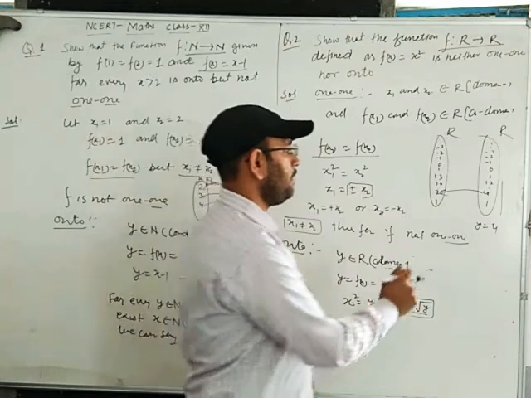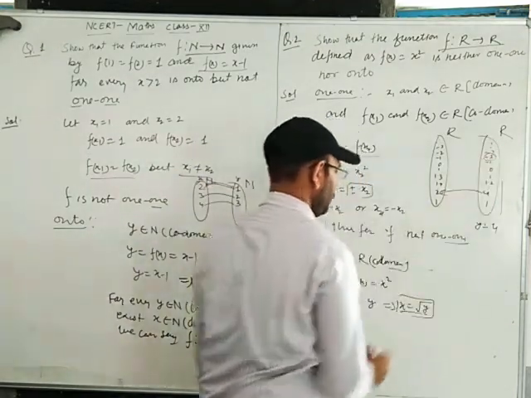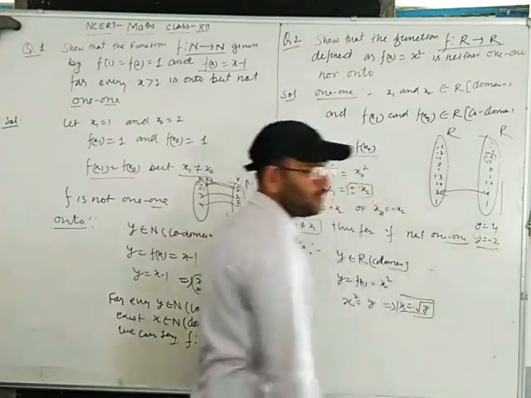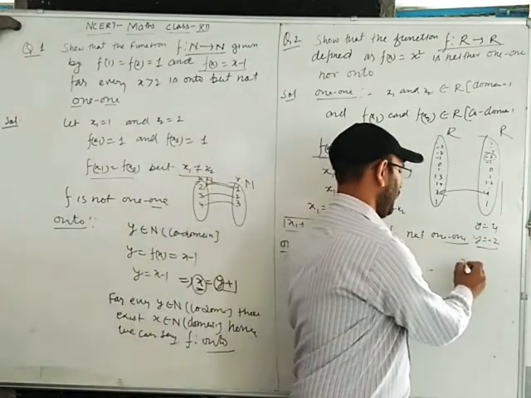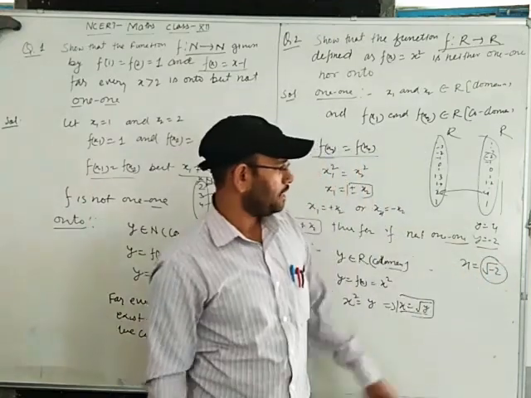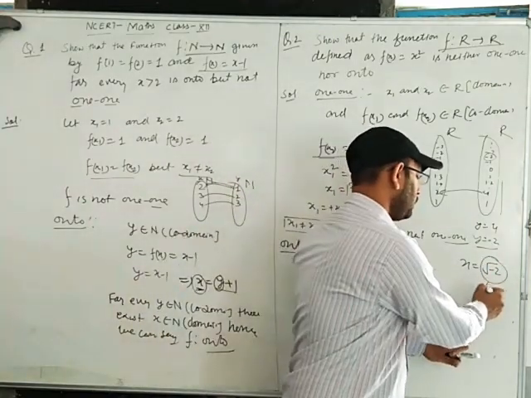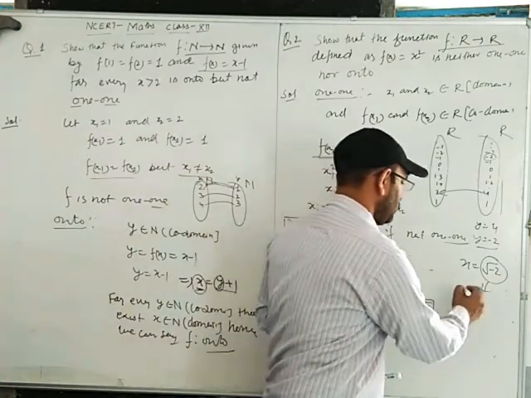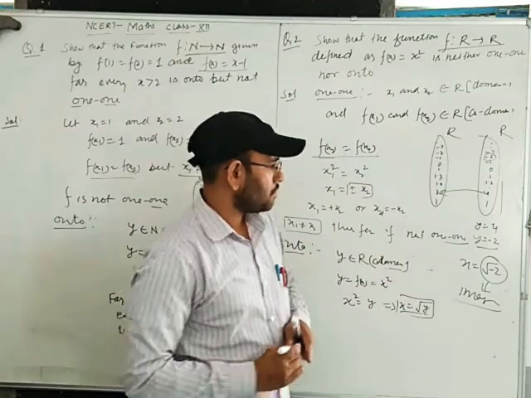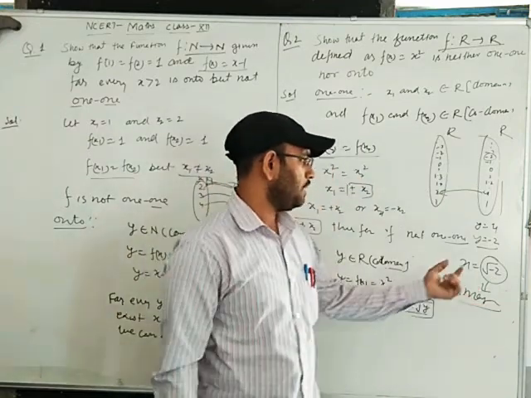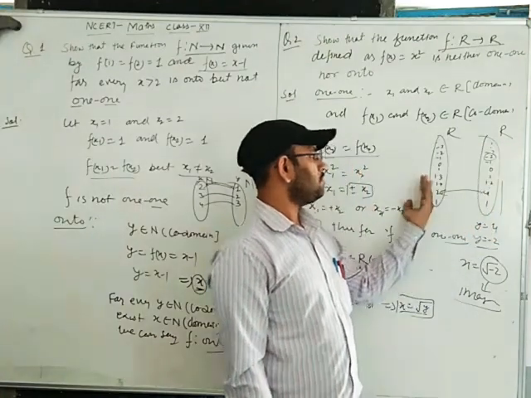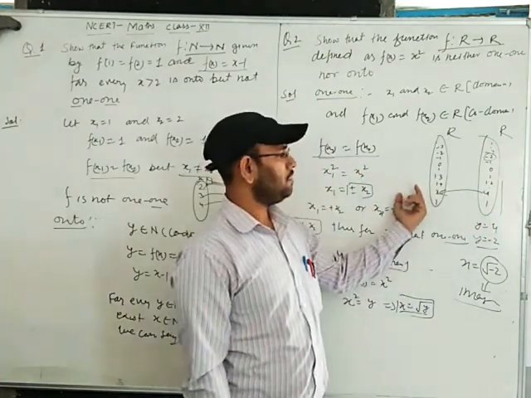But what happens if I put minus 2? If I take y is equal to minus 2, what happens? You get x is equal to under root minus 2, and minus 2 is not a real number, it is imaginary. Clear? So have you seen that if I take all positive values, we'll get some results in this real number.